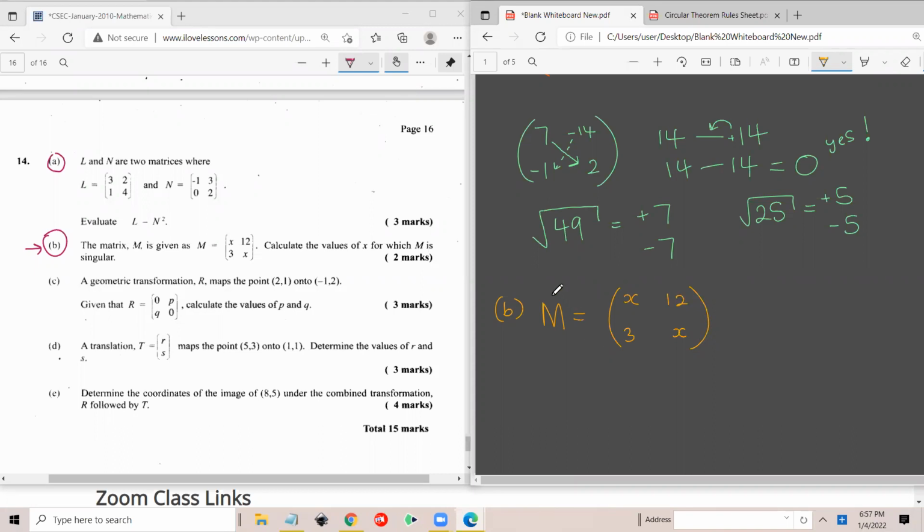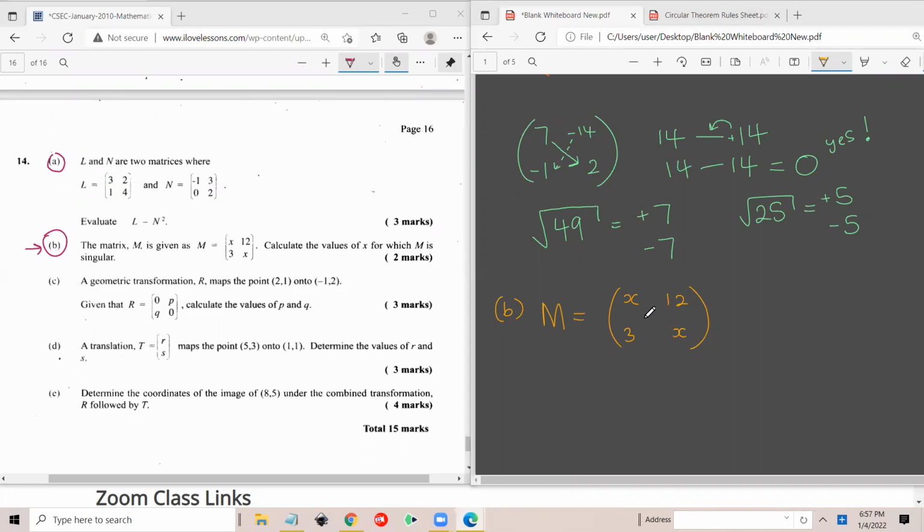So in B, they said M was a singular matrix. They came out right and said M is a singular matrix. So that means if we were to find the determinant of M, we will get 0.